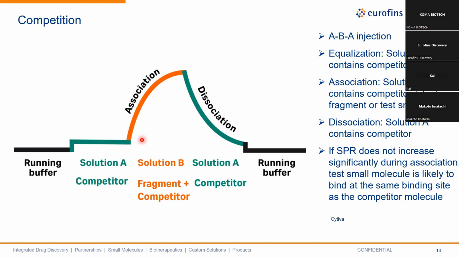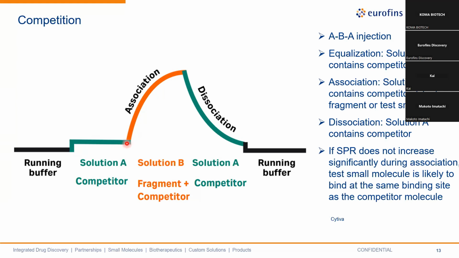So in the association phase, if your testing molecule is binding in the same pocket, you will not see any signal because the binding pocket has already been filled. But if that small molecule is binding in a different binding pocket, then you will see an increase of signal because it's binding in a different pocket, right? So it will not be inhibited by the equalization step.